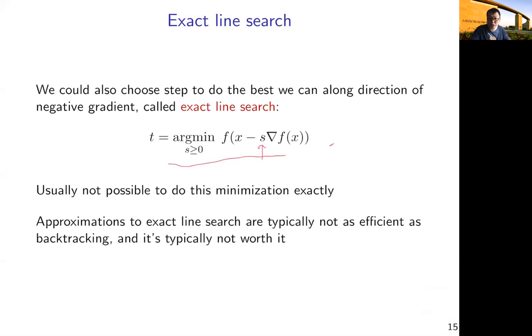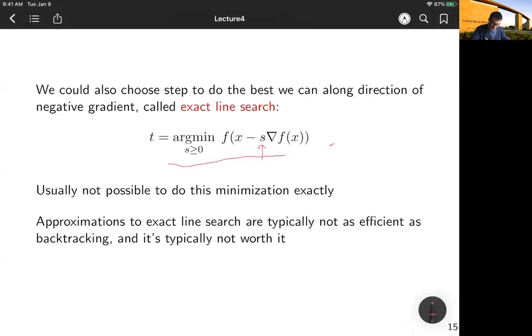So there's a question from Roman about whether I can elaborate on what bisection is. Okay, so I'll do it here. This is the s parameter. Notice that we're optimizing over s, and this line is a convex function restricting f towards the direction of minus s times the gradient of f of x.